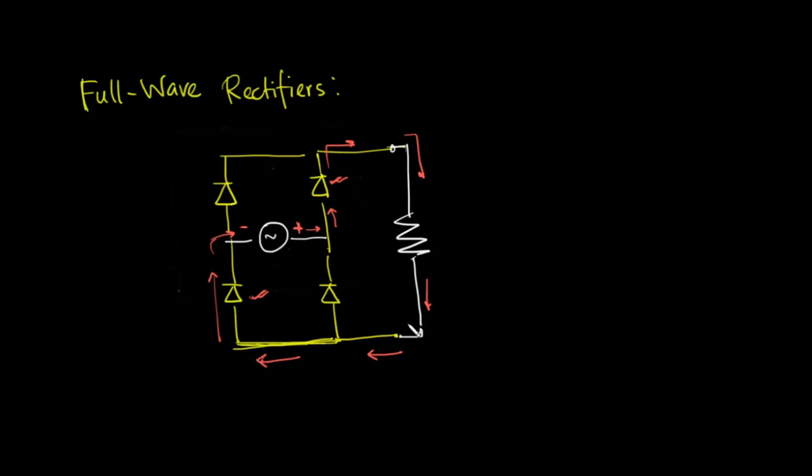So how much voltage can we see in the output? Suppose in the positive cycle, my input voltage is like this. Suppose the input voltage has a peak voltage of 5 volt.